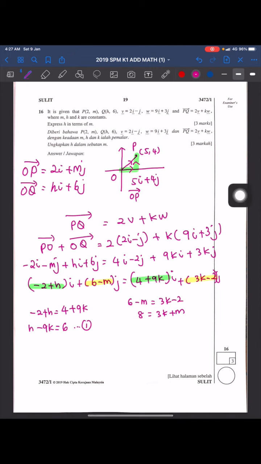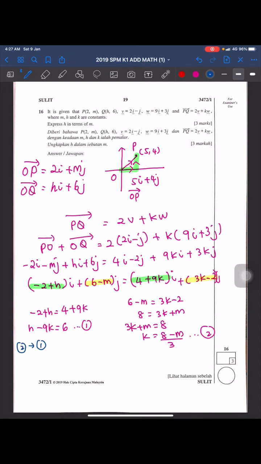Okay, so di sini ada k kan. So, kita jadikan k sebagai subject. So, 3k plus m equals to 8, k equals to 8 minus m over 3. Okay, so kita ada second equation. Substitute 2 into 1.